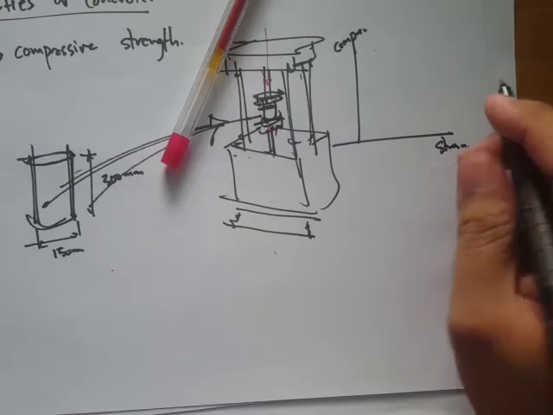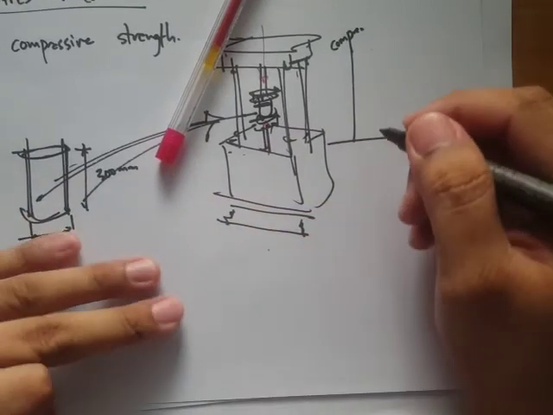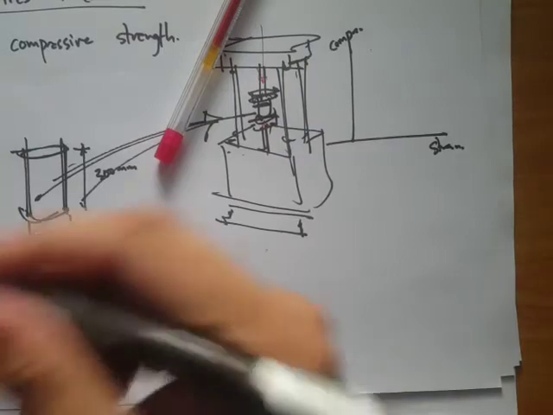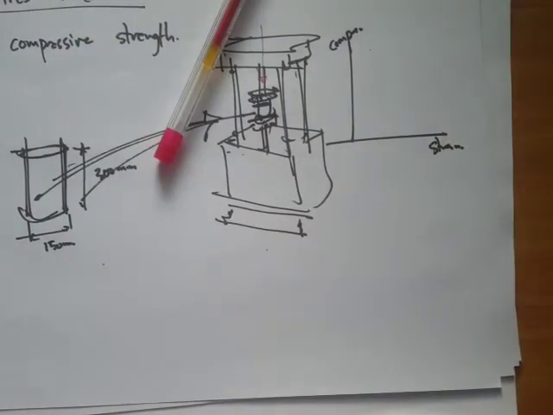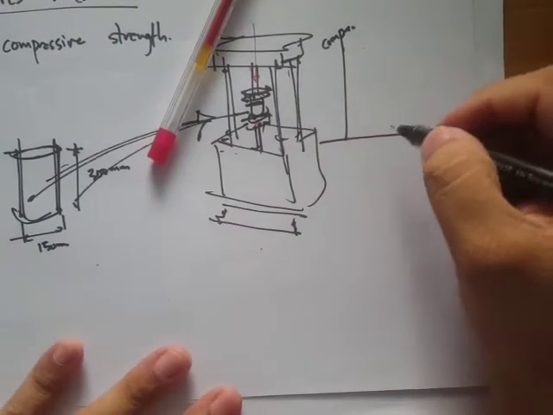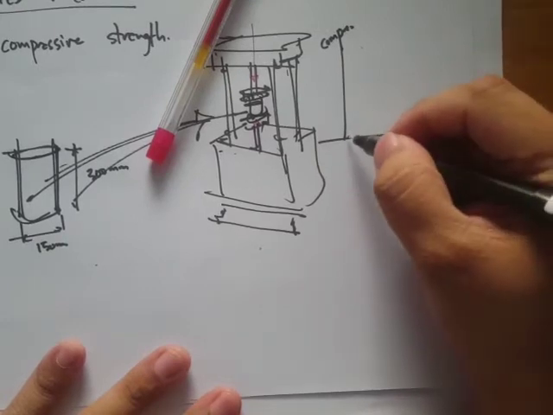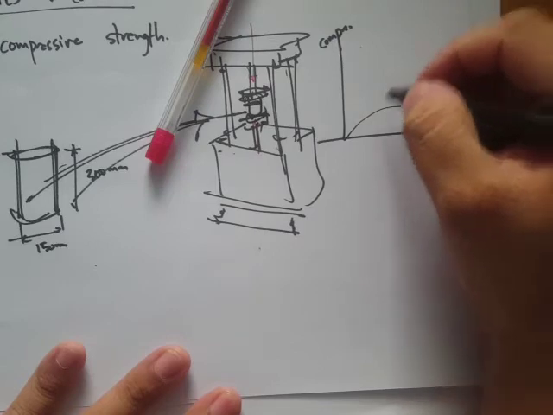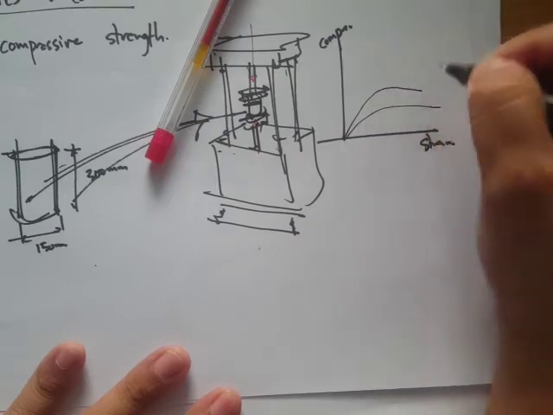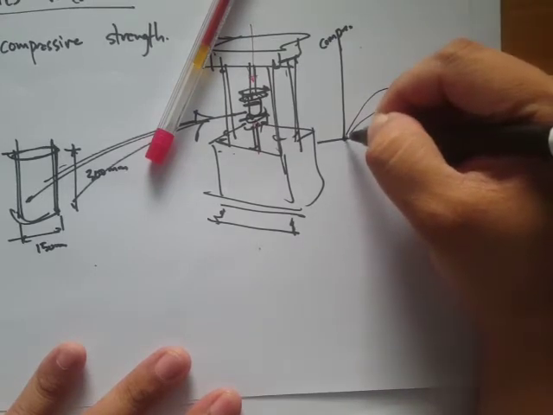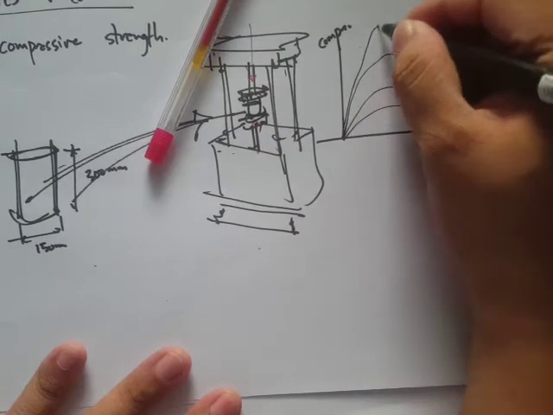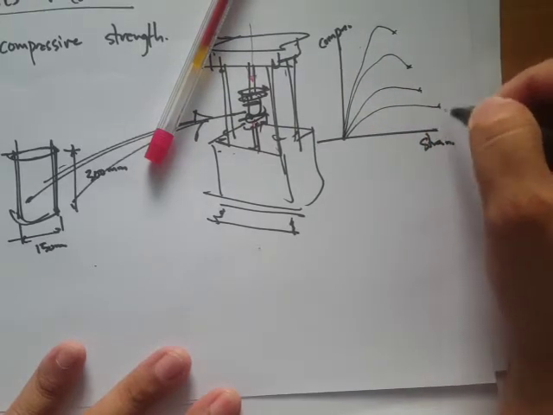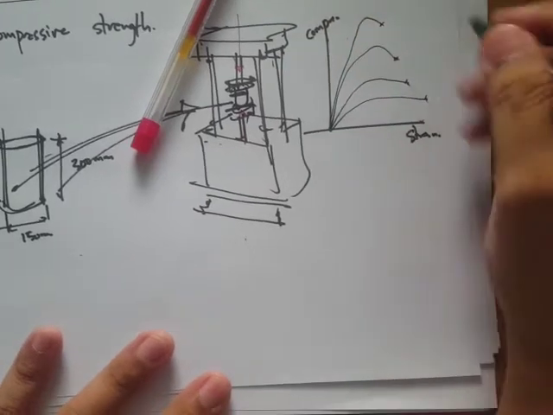It was found that for lower grades of concrete, the behavior is something like this. For higher grades of concrete, it's something like this, and probably like this for much higher grades. You notice that this is a stress-strain curve.